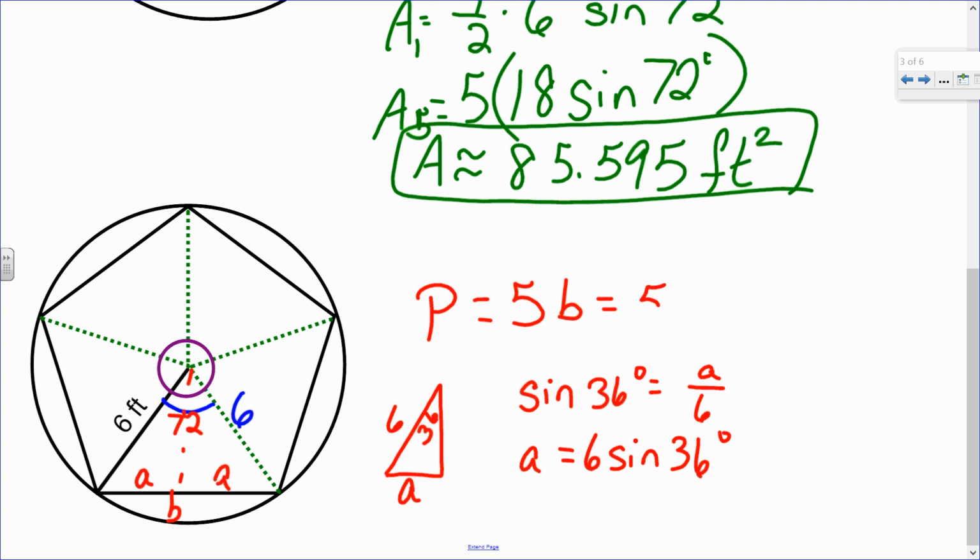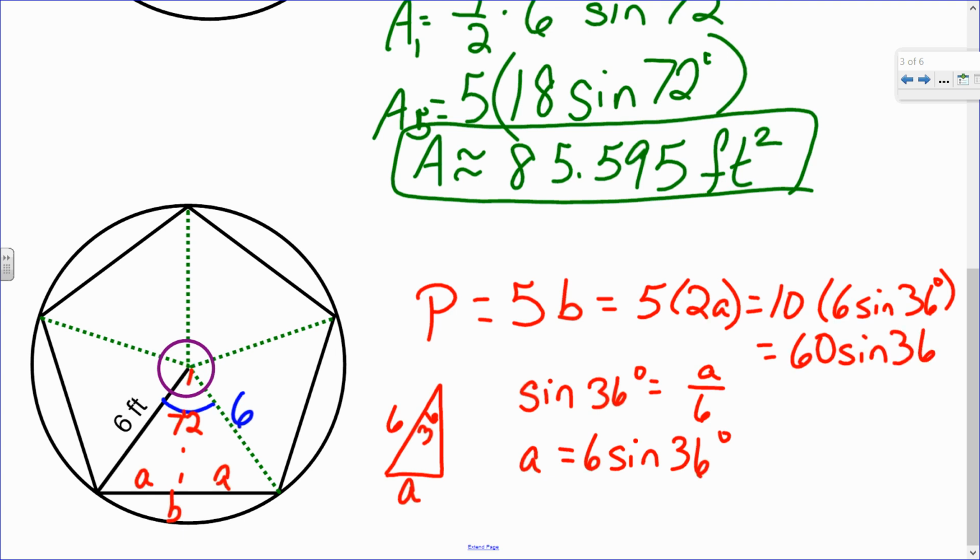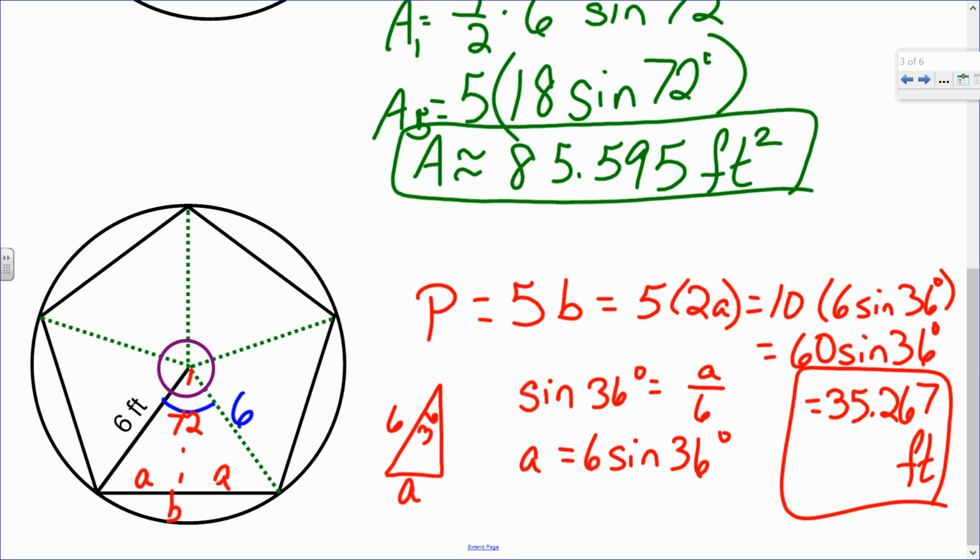So I need 5 times 2 of those A's, or 10 times 6 sine 36, which means 60 sine 36. And what do we get? Zoe, what'd you get? That makes sense to everybody?